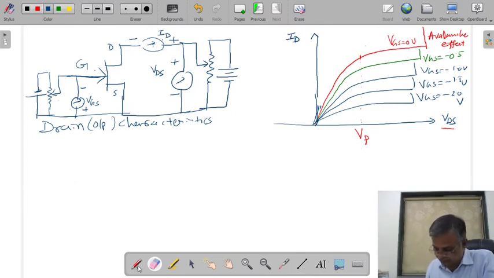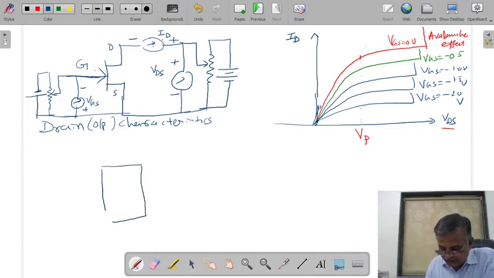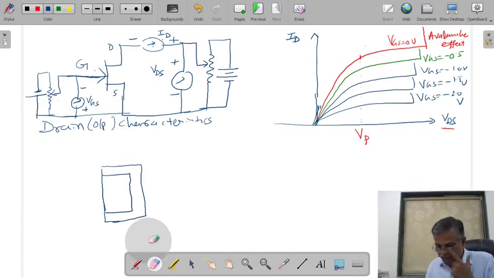Why it is shifted down, that I am discussing. Look, this is your basic cross section of a FET, a field-effect transistor. Let me draw the bigger one.